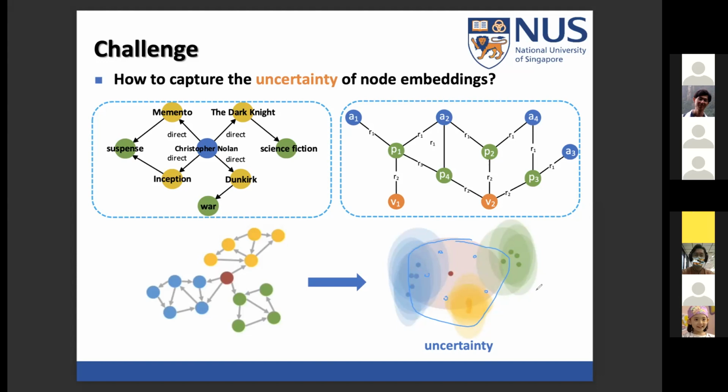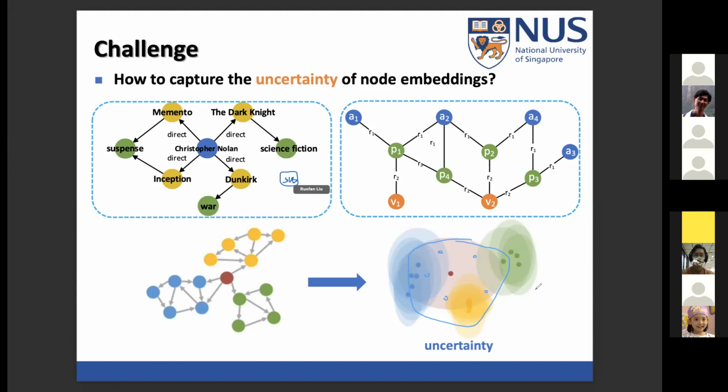I think here the example is if you want to describe the profile of this director Nolan, if we only use one single number to represent the genre of movie he directs, then maybe we see that there are two movies belonging to suspense. Then one may assign Nolan as suspense, but actually he has directed many other kinds of movie.